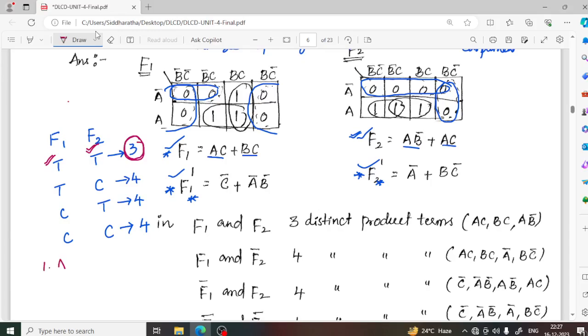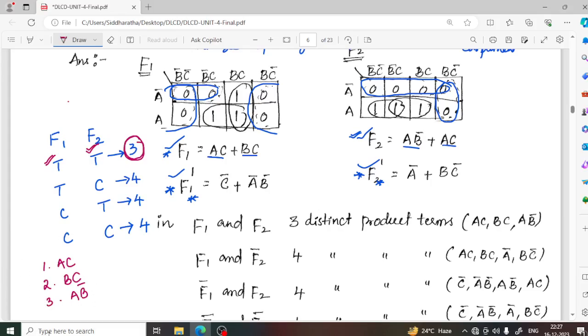First one is AC, second one is BC, third one is AB bar. So in F1 and F2, these 3 are the distinct product terms. In the remaining combinations, we have 4 product terms. So you have to select the combination in which the least number of distinct product terms are present.